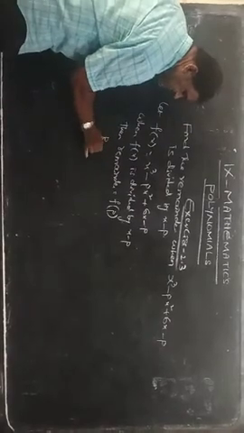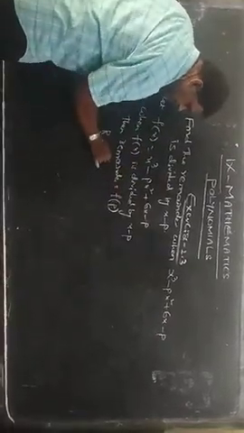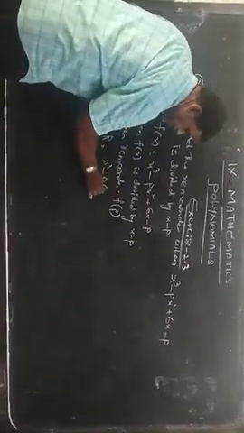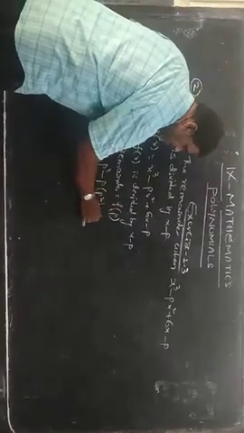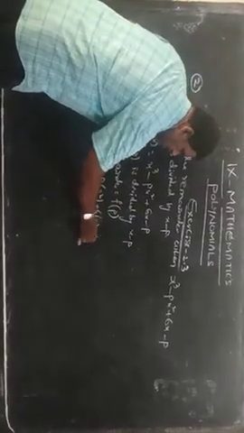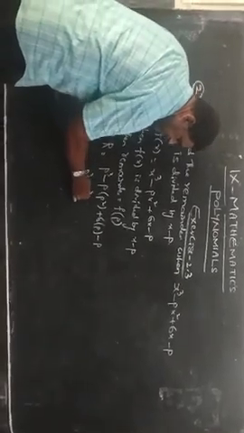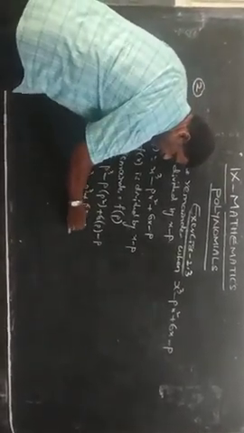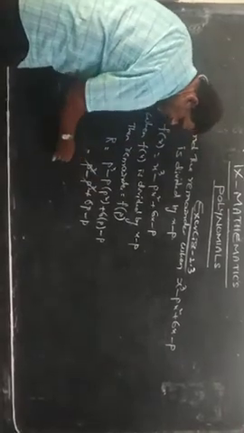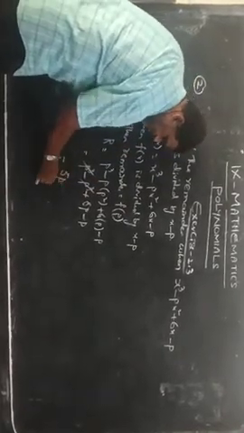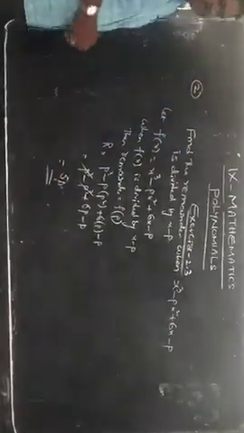So here in f of x, wherever x is there, substitute p. So p cube minus p into p square plus 6 into p minus p. This is p cube minus p cube, 6p minus p. 6p minus p is 5p, which is the remainder.